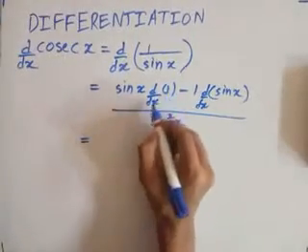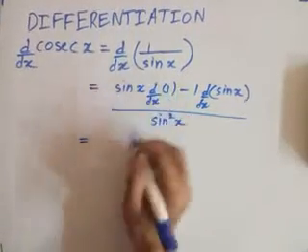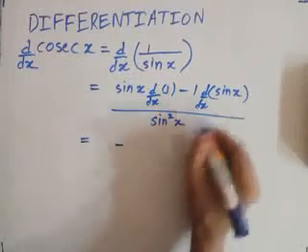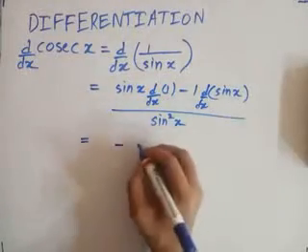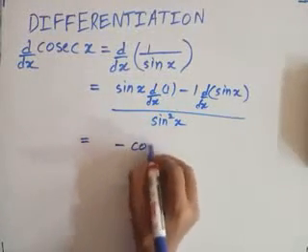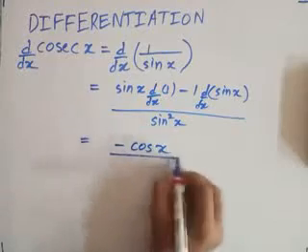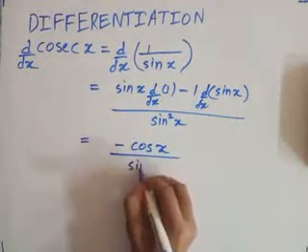Again, since we have the derivative of 1, this part becomes equal to 0, so I can just rewrite the second term. So minus, and the derivative of sine x is cosine of x upon sine square x.